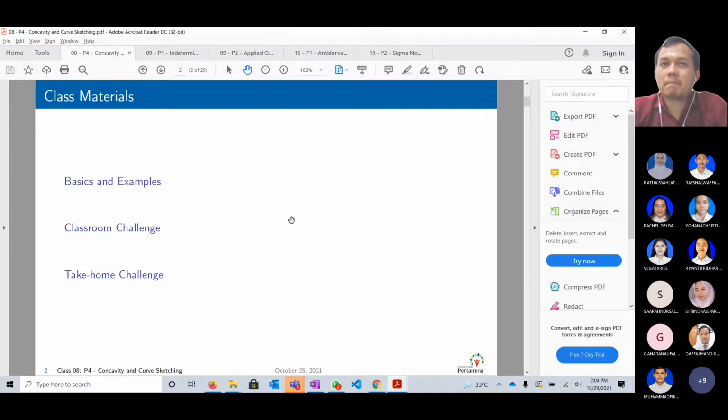Anyone knows? Cekungan, sir. Yes, correct. Concavity is kecekungan. So what we are learning about today is concavity, or in bahasa Indonesia, kecekungan.